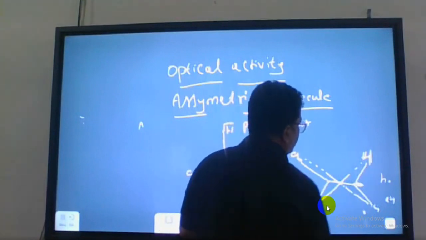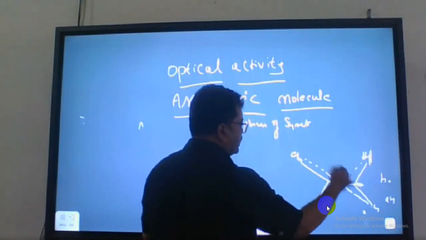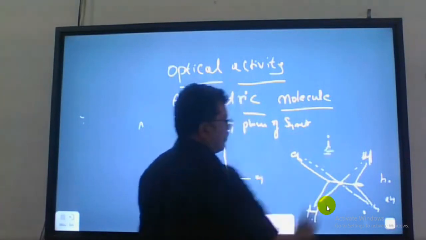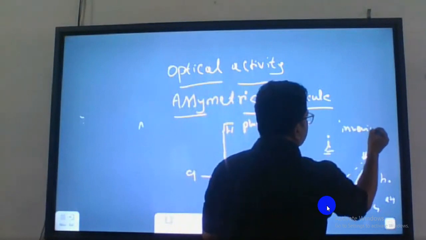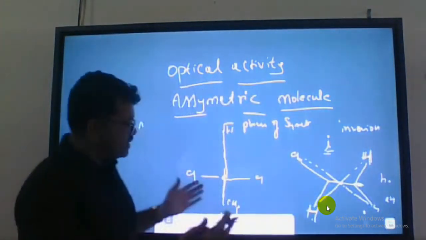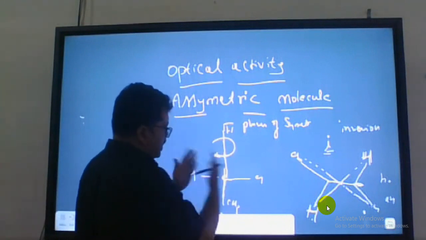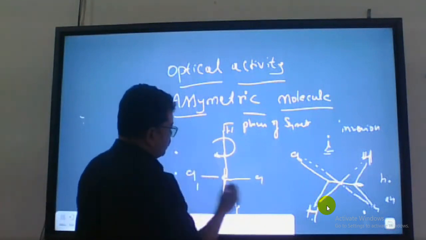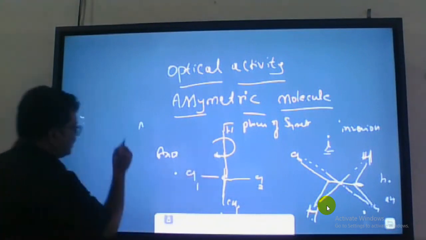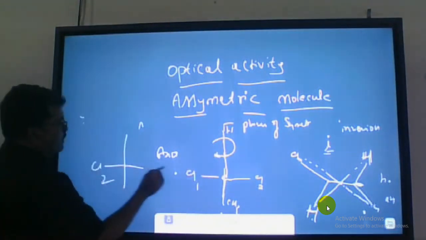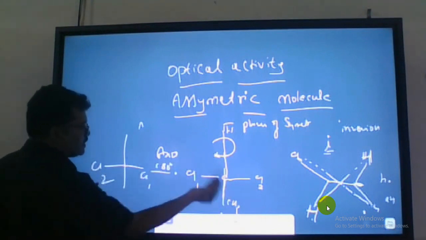It's called an inversion center. See, if the same atom is encountered at the same distance, we say an inversion center is present. So for the axis of symmetry, you rotate this molecule 180 degrees, this chlorine comes to this side and this chlorine goes to that side.